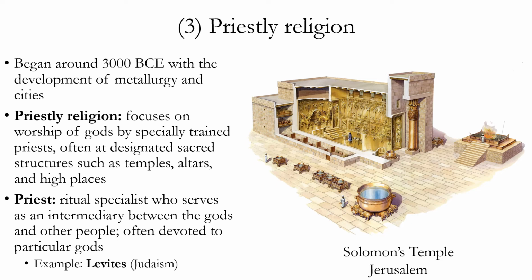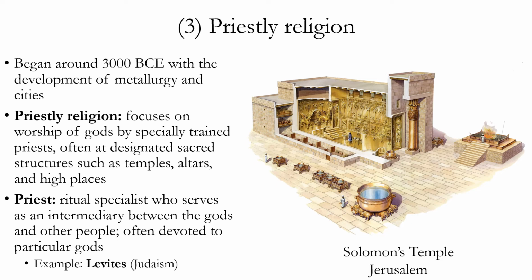So this is believed to be where the presence of God is most noticeable or most present. And you can also see a high place on the outside of the temple, the platform on the right, where burnt offerings would be given to God.